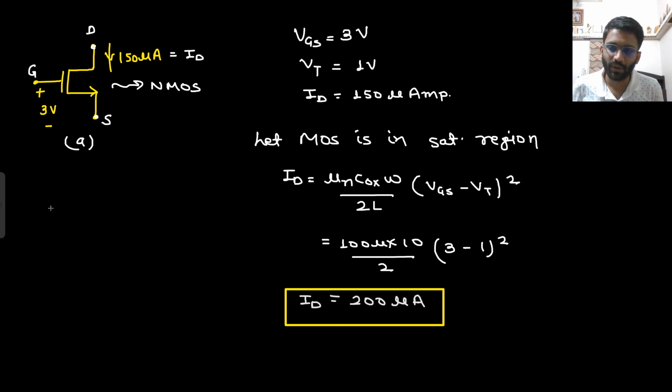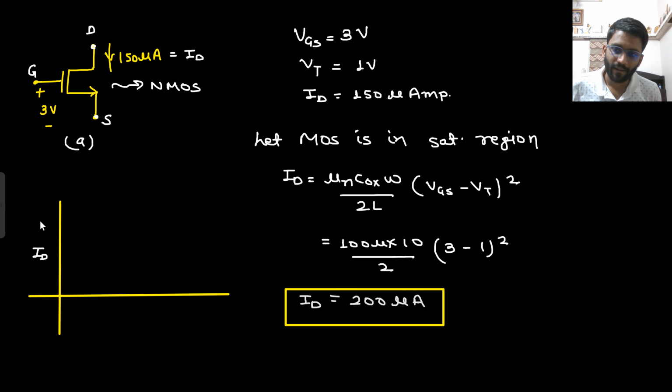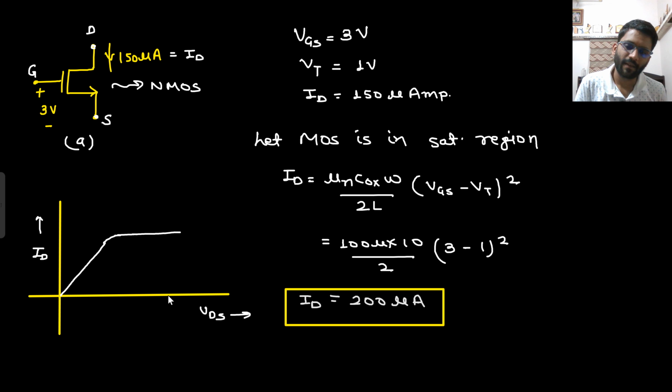What do you do? The ID versus VDS curve you have studied, right? If your VDS was such that it is working in saturation region, then your VDS would have been somewhere here. Because in the saturation region, the current is maximum. The current is saturated.